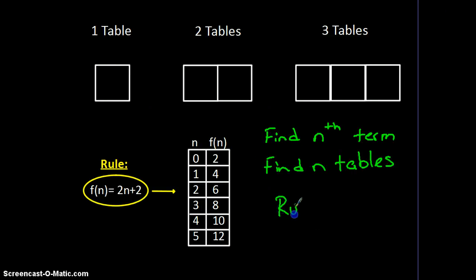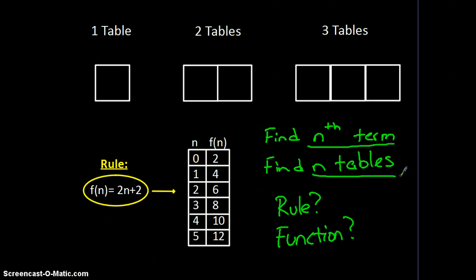What is the rule? Or, as we are now going to call it, what is the function? When we are saying find the nth term, solve for n tables, n people, we are once again asking for what is the rule, or the terminology that we will now use is what is the function.